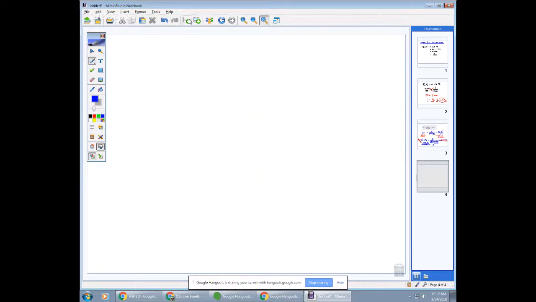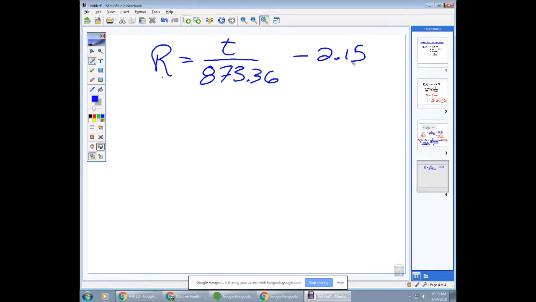So starting with the equation, R equals T over, help me out here, was it 873.36 minus 2.15? Here, I'm not going to replace R with a number, I'm just going to leave R there. And what I want to do here is solve for T. What's the first step we did before to solve for T? Yeah, add the 2.15.